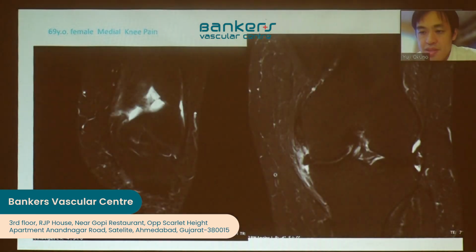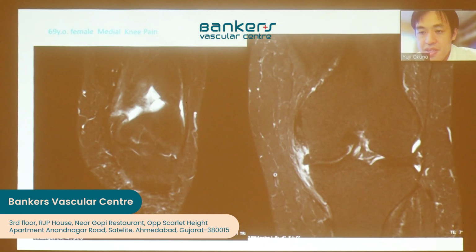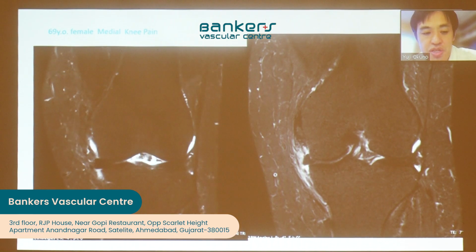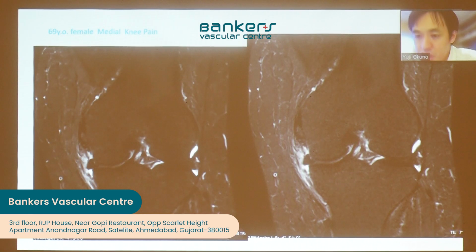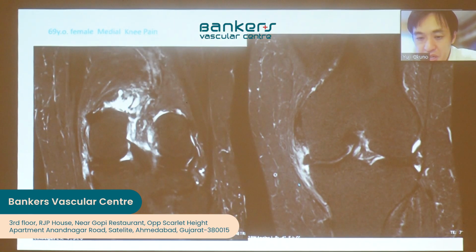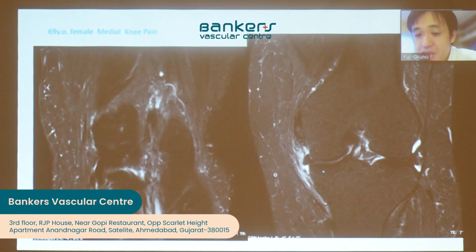Sorry, just a moment. This is an MRI of a patient's knee joint, and we can see the inflammation in the medial side. The patient has medial knee pain, and we can see the medial side inflammation like this.